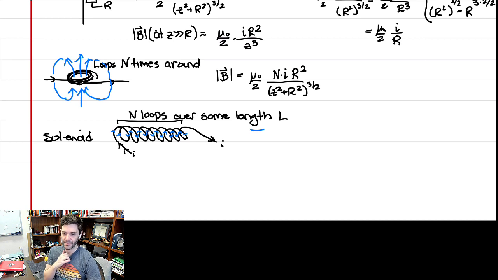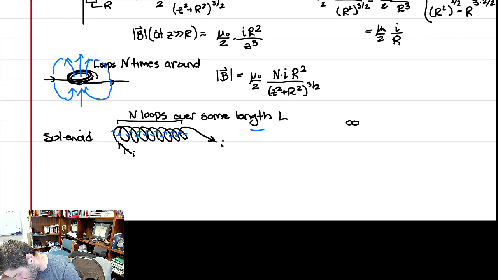And again, that's going to play an important role, because that means we're going to get fields that add together in some spaces, and fields that more or less cancel out in others. I think it's easiest to show this if I do a cross-section of this solenoid. So imagine taking the entire thing and slicing it right down the middle, so that we have the cross-section of all the wires on top, and the cross-section of all the wires on the bottom.